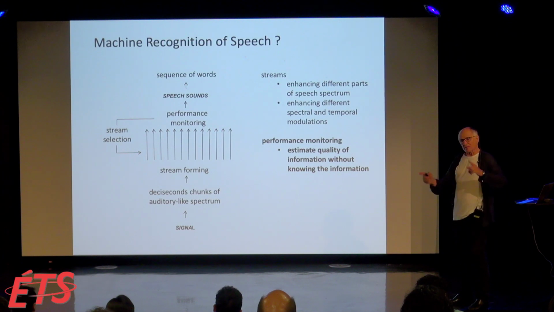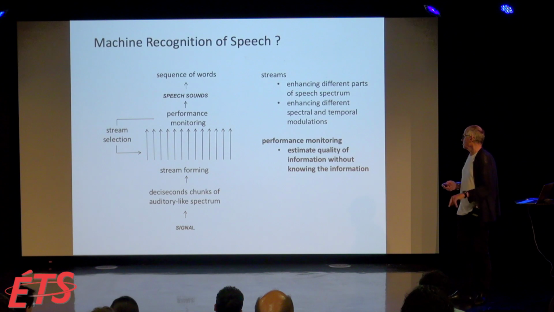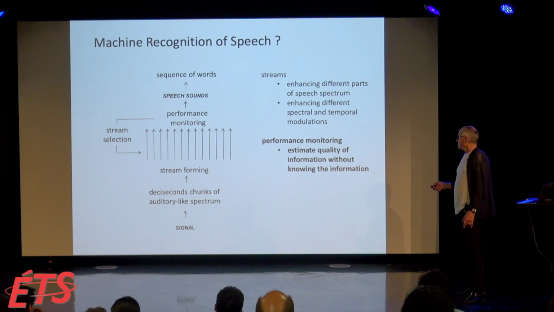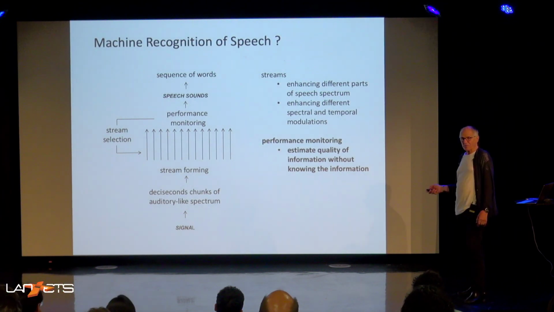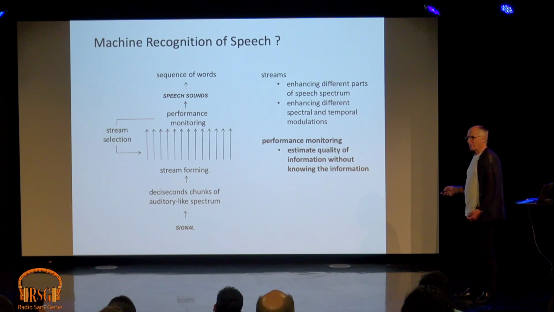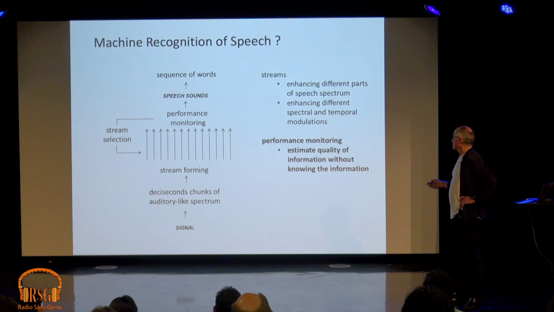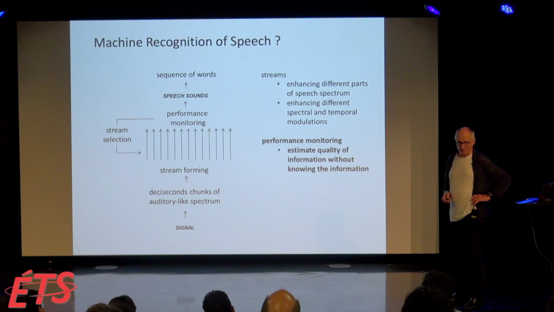We take reasonably long segments of the signal, at least a syllable, a little bit more is probably better, and we form different frequency streams. And then when we are fusing these streams, we have a performance monitoring module, which helps us pick the appropriate combination of the streams in order to get a reasonable string of speech sounds and sequences of words.